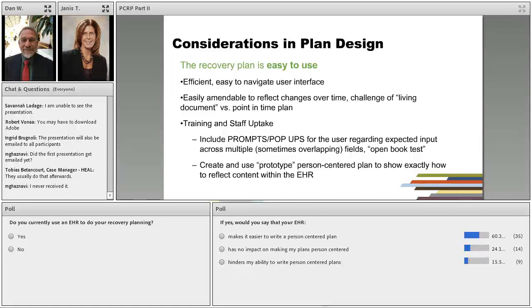So I'm going to show you a lot about prompts and pop-ups and things you can sort of build in that can be helpful. And another thing is also to include actually having a prototype plan right in the system that they can call up and reference as they go. Okay.